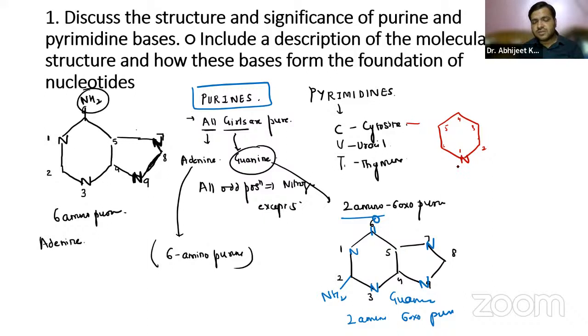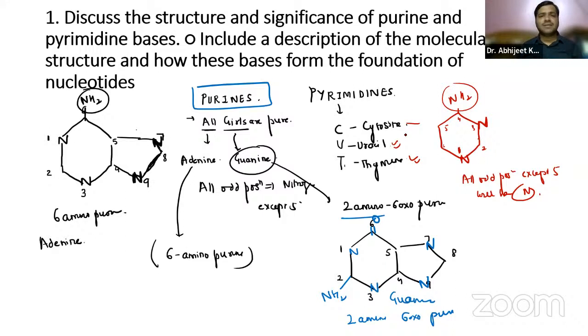All the odd positions, one and third, except fifth, will have nitrogen. We will also have the NH2 group in cytosine at the fourth position. So it is 4-amino pyrimidine. Similarly you can draw thymine and uracil as well.